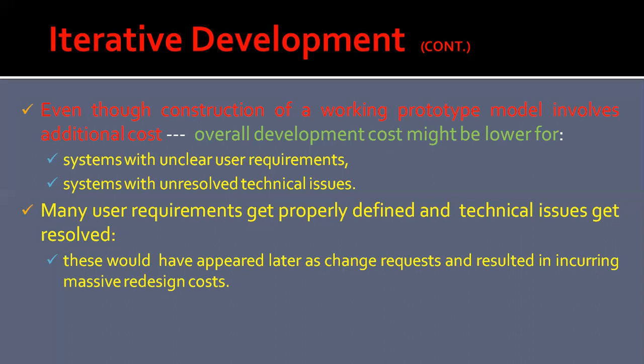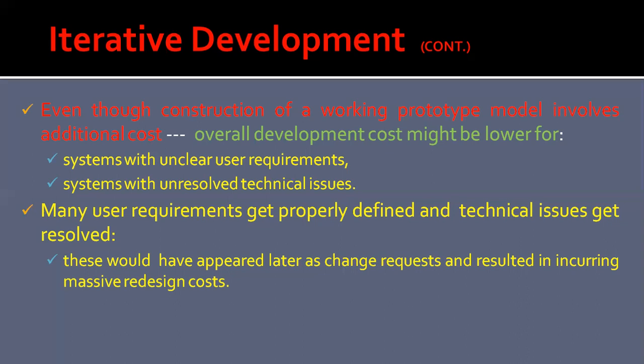Even when a project is susceptible to risk, the prototyping model is effective only for those projects for which the risk can be identified upfront, before the development starts. Since the prototype is constructed only at the start of the project, the prototype model is ineffective for risks identified later during the development cycle.